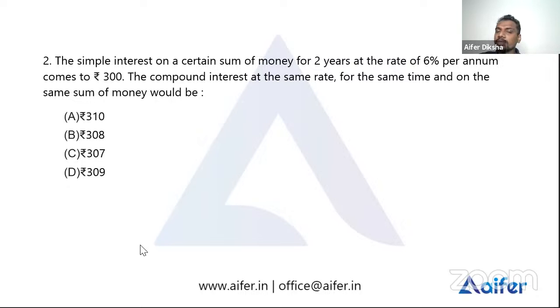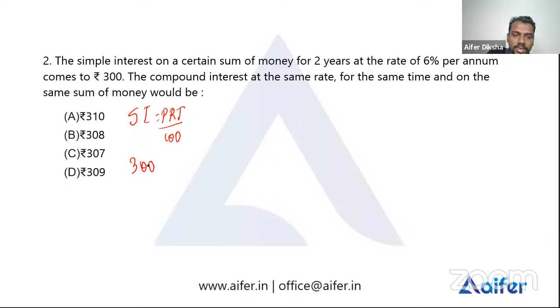The simple interest on a certain sum of money for 2 years at the rate of 6% per annum comes to 300. That's the first statement. So we have the equation for simple interest: simple interest equal to PRT by 100, given simple interest as 300.